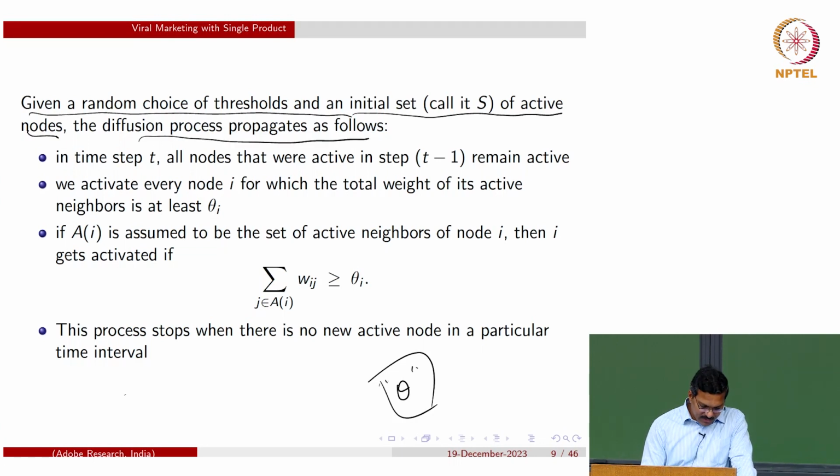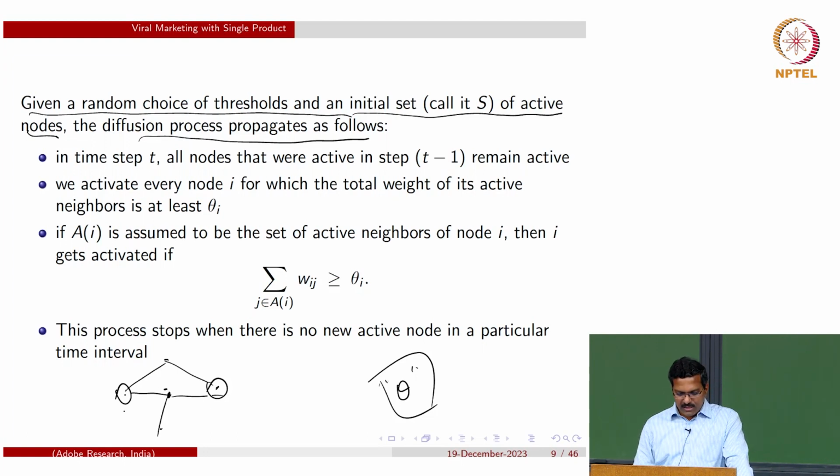In the given network, some of these nodes I make active, green, and the remaining nodes are not active. For every node I randomly select that theta. So this is theta 1, this is theta 2, this is theta 3.